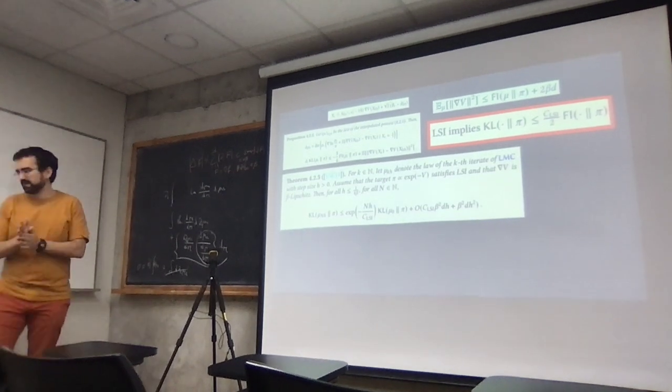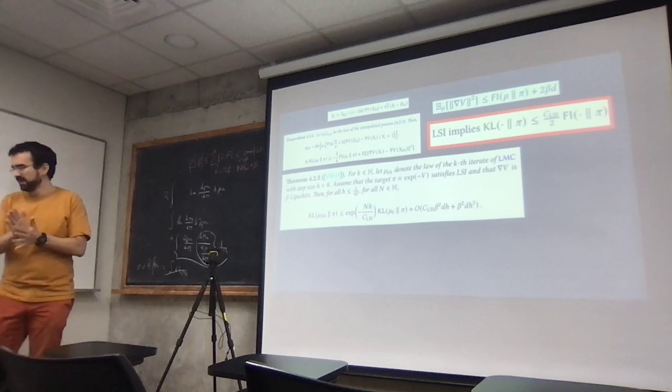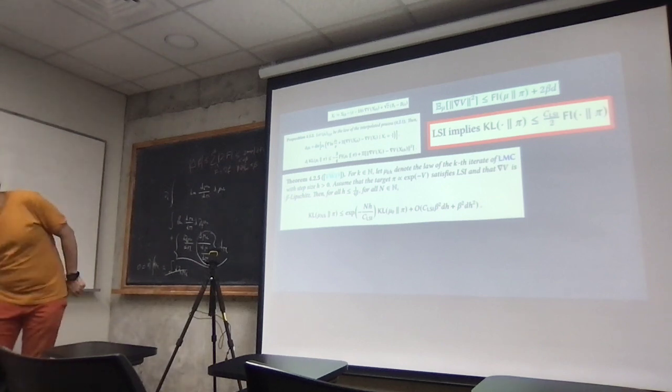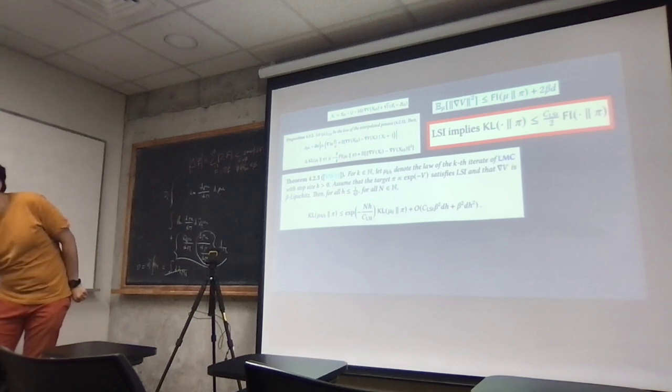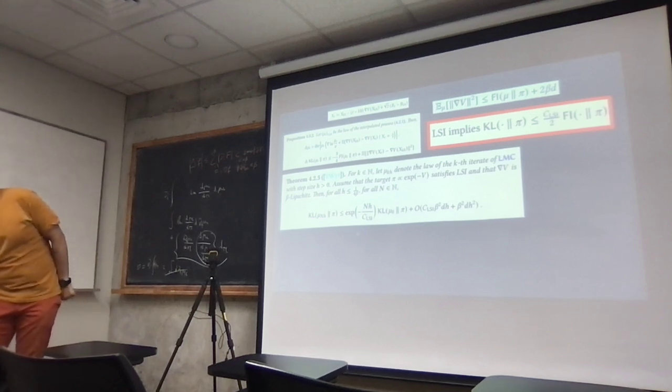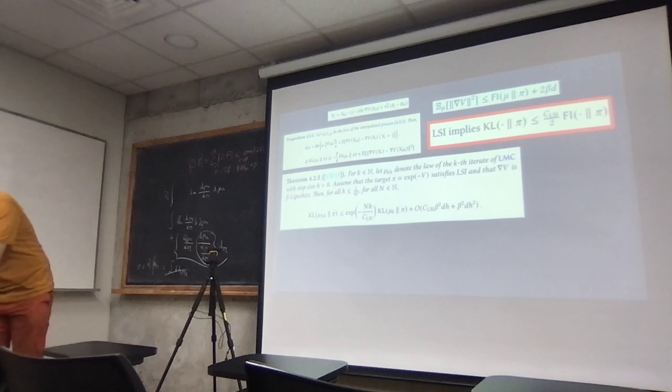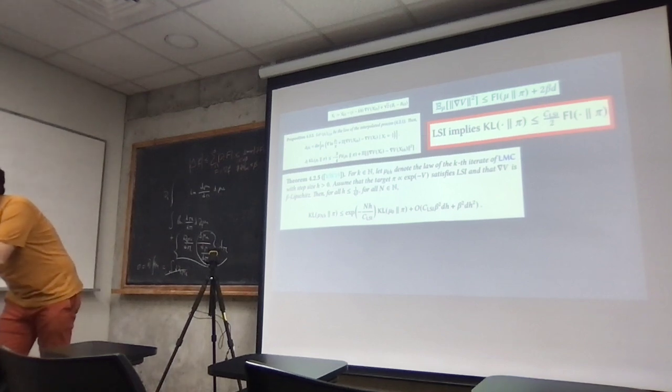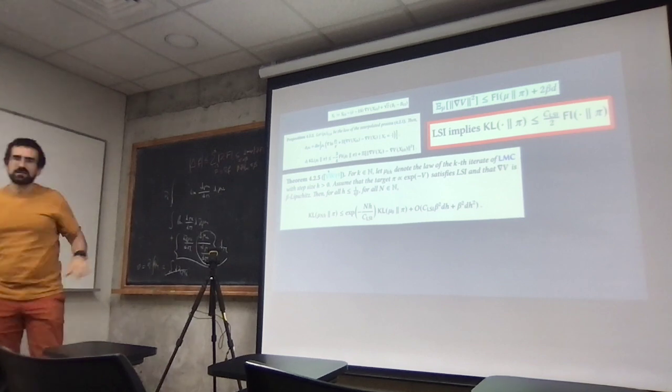So here is again the theorem from before, the same statement. We want an exponential decay plus a small error, and what we are going to do is estimate this dt KL, and prove a bound of dt KL in terms of KL.